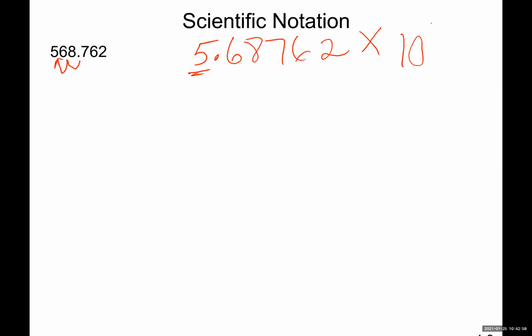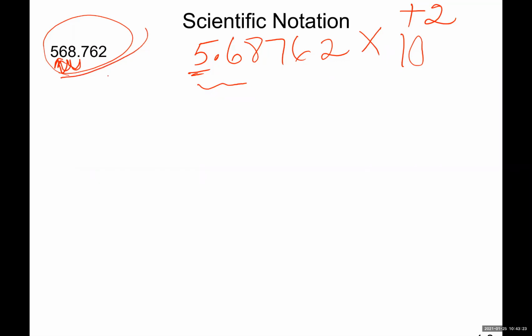So twice is 2. Is it plus or negative? Obviously, 568 is much larger than 5.68. So the power has to be positive. Why positive? Because I move the decimal point to the left. You see, the decimal point is moved to the left, the power is positive.